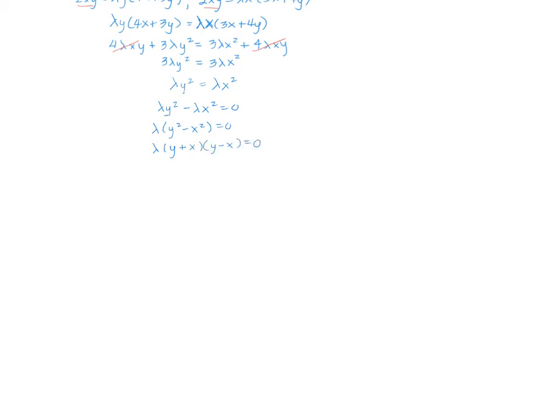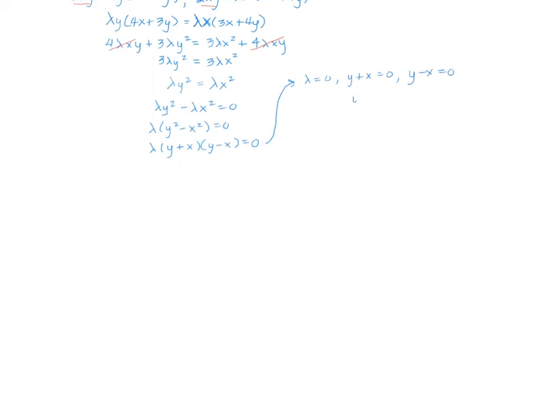Now that I have this equation set equal to 0 and it's all factored, the only way this equation can be true is if each factor is equal to 0. And I know this algebra is so minor, but oftentimes when we get up into the higher levels of calculus we forget all these algebraic properties. So we have lambda is equal to 0, y is equal to negative x, and y is equal to x.